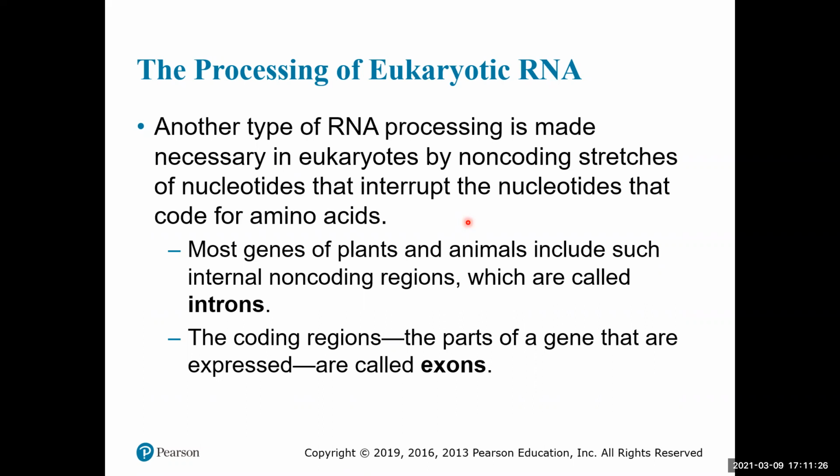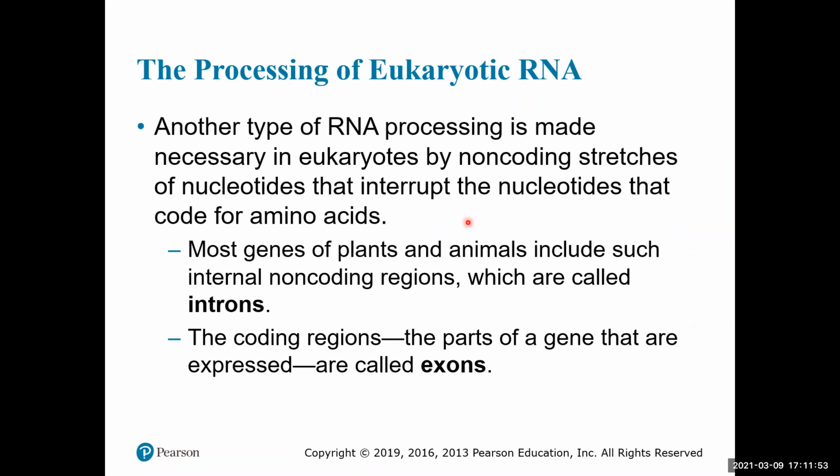The coding regions, which are important for telling the ribosome what kind of amino acid to attach to the growing polypeptide, are called the exons. Okay? So after that first RNA molecule is transcribed from DNA, it gets the cap and the tail put on. Then an enzyme will go in and cut out those non-coding regions.